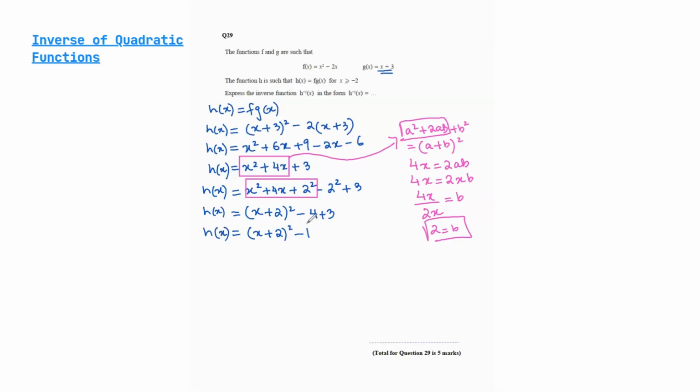Before I move on to finding the inverse of h of x, I would like to discuss one more thing. Whenever we're converting a quadratic equation into completing square form, your first step is to check whether the coefficient of x squared is 1 or more than that, or even less than that. In our case, it was 1, so that's why we easily started off with these steps.